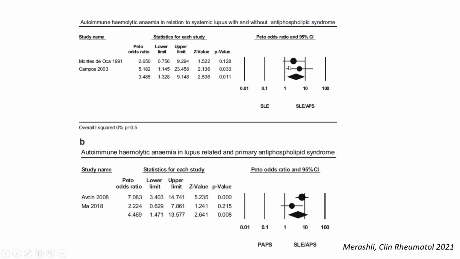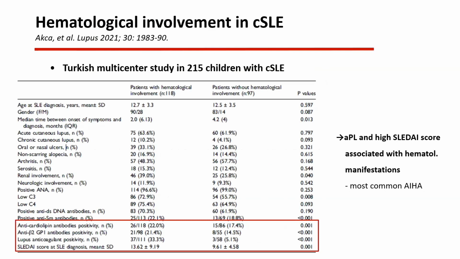You can see also the association of hemolytic anemia with APS in patients with SLE, and they also compared data with SLE and APS with primary APS, and those patients who had underlying SLE had a higher incidence also of autoimmune hemolytic anemia.